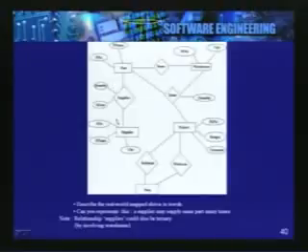Now again, to answer this question, you must clearly understand what this relationship means and what are the keys of that relationship. When we say that the relationship supplies is identified by the key of supplier and by the key of the part, it means that I cannot have another instance of the relationship supplies with the same key.